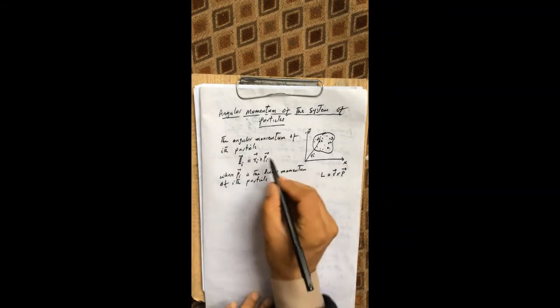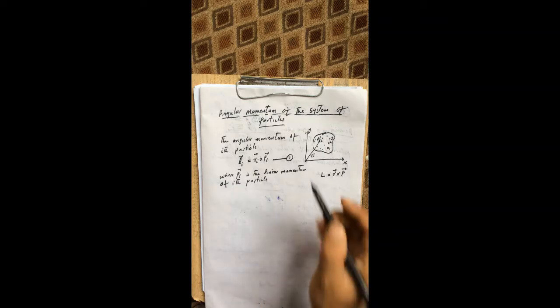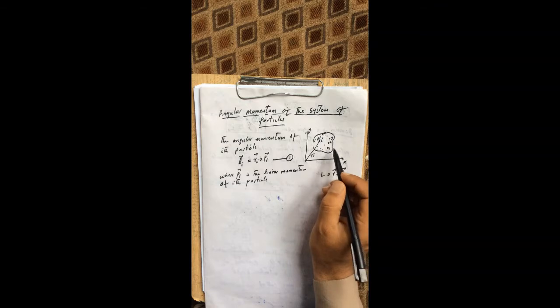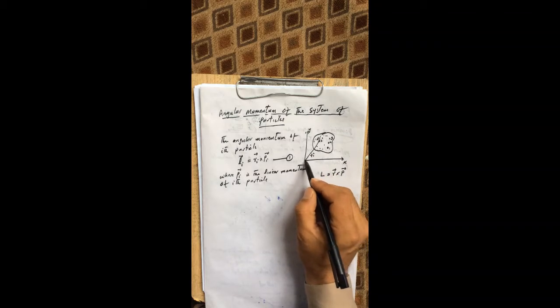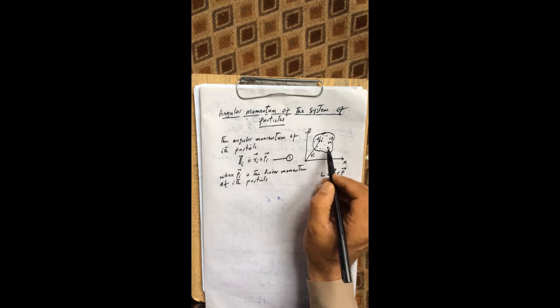Now let's say this is equation number 1. Now if I have to calculate the total angular momentum of this whole system about, let's suppose, this point, then I have to sum all the angular momenta of the individual particles.